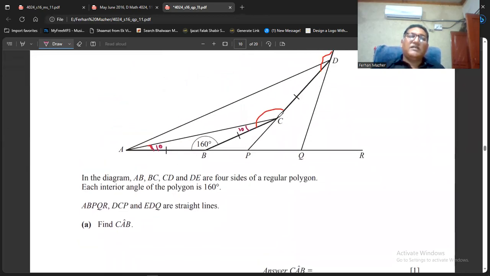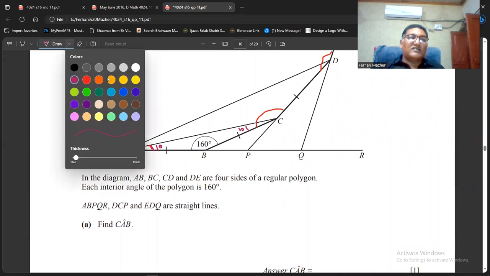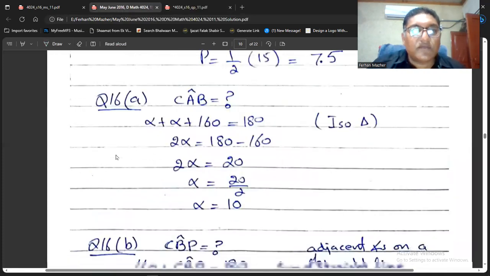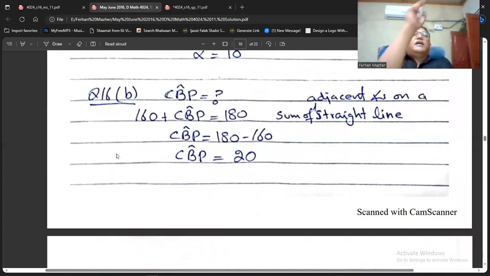Okay. Then the question is find the CBP. They want me to find out this angle. Let me change the color so you can differentiate. You can see this is a straight line. This is 160. So I can find out this angle, very simple. The sum of these two angles will be equal to 180, because the sum of the adjacent angles on a straight line is 180. So 160 plus the CBP will be equal to 180.